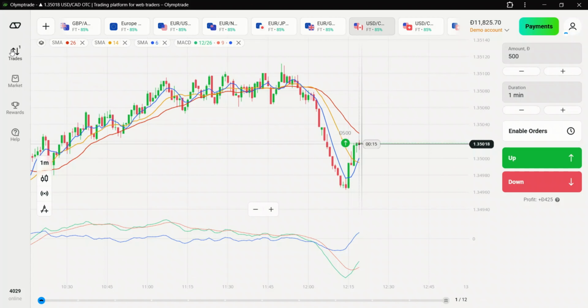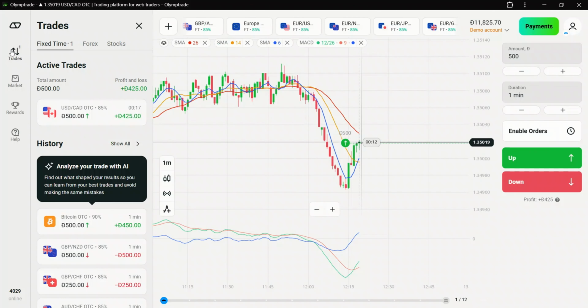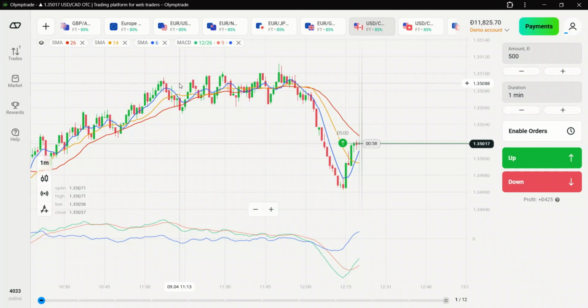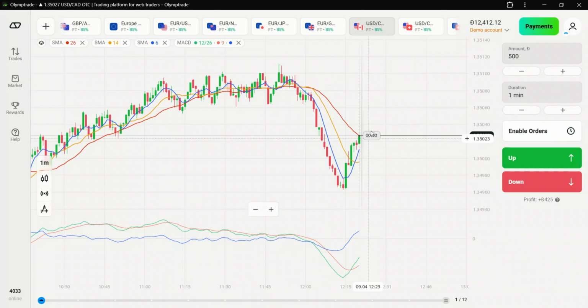Yeah, you can see the trade was successful. I started with about 11,000 something, and you can see I'm already on like 12,000. So this is two out of two wins.